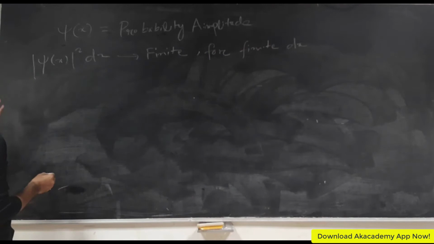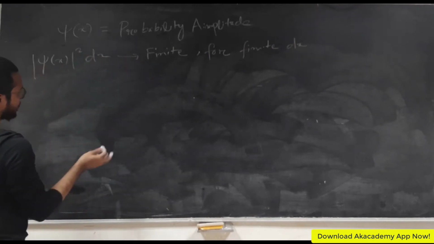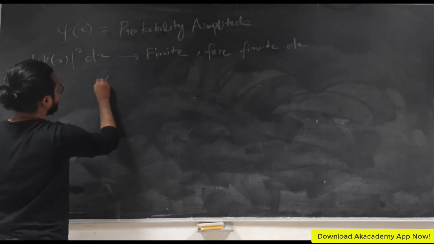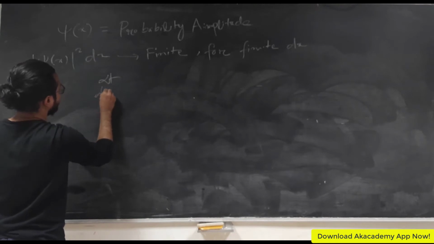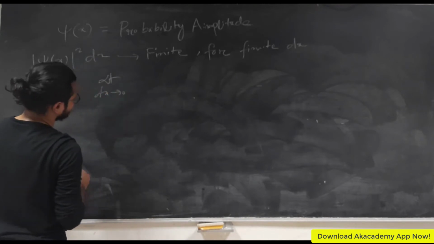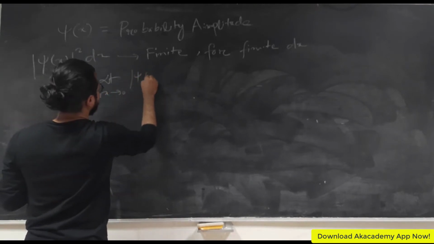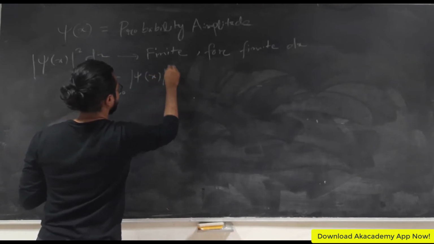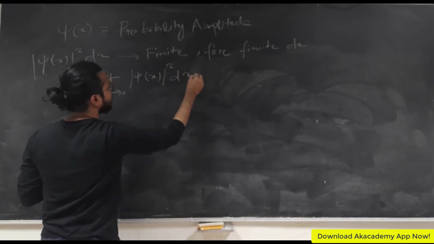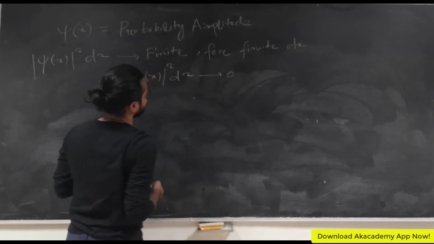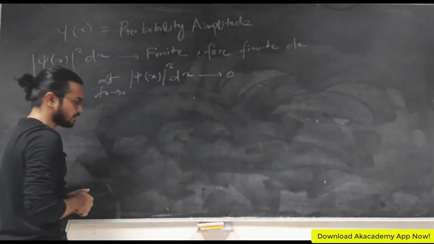So this condition, mathematically we can say that the limit as dx tends to 0 of psi of x squared dx also tends to 0. Mathematically we can say that.